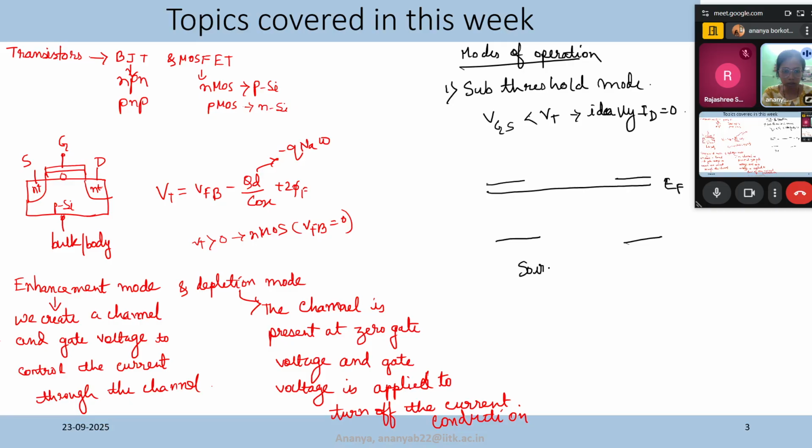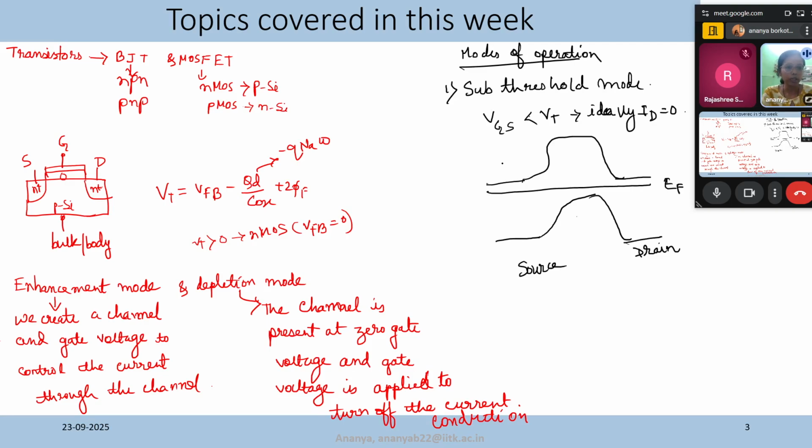So this is source, this is drain, and this region is P type. This is my channel, or the body region, so there is this barrier.